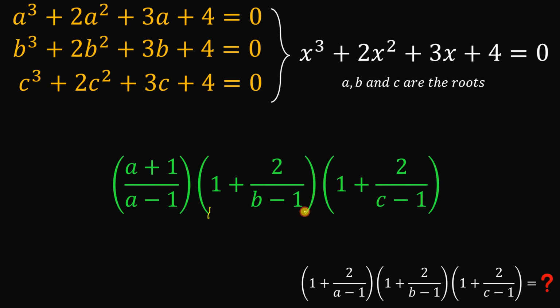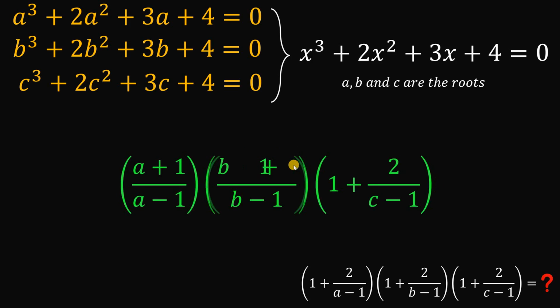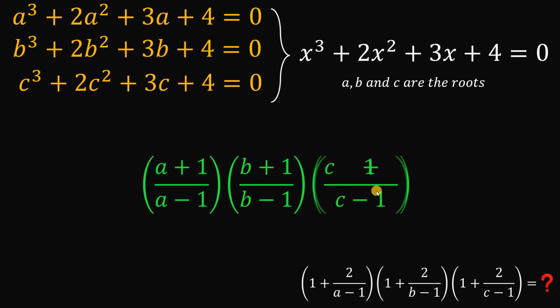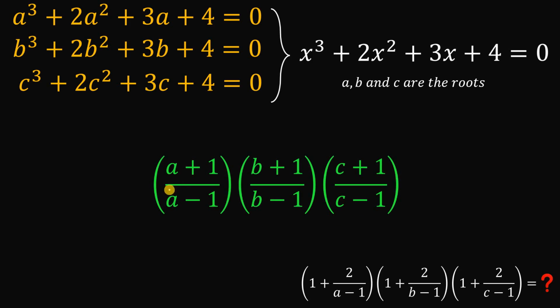We will do the same thing on the second term. If we add 1 and 2 over B minus 1, we have B minus 1 plus 2 on the numerator and B minus 1 on the denominator. And negative 1 plus 2 is just positive 1. And we will do the same thing on the third expression. So we have here C plus 1 over C minus 1.